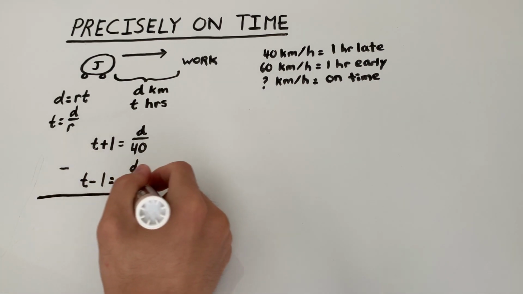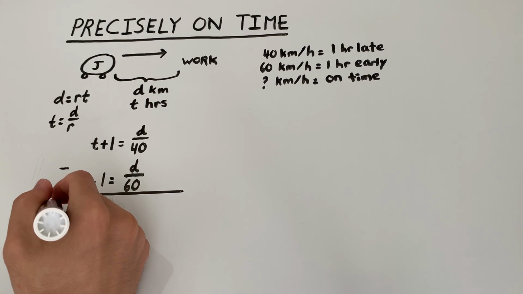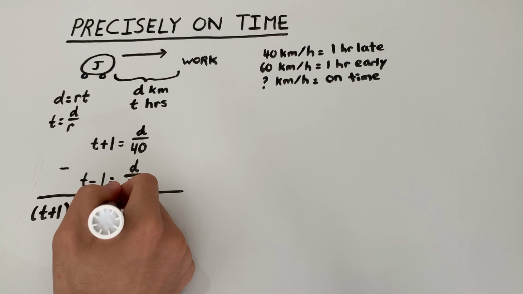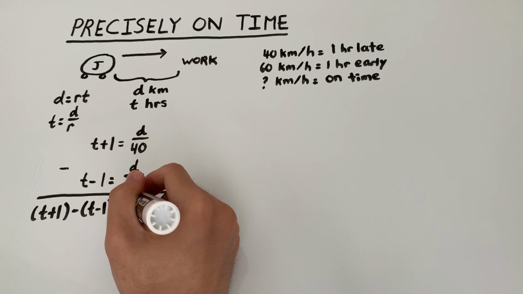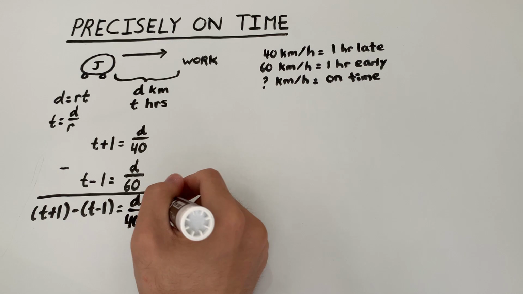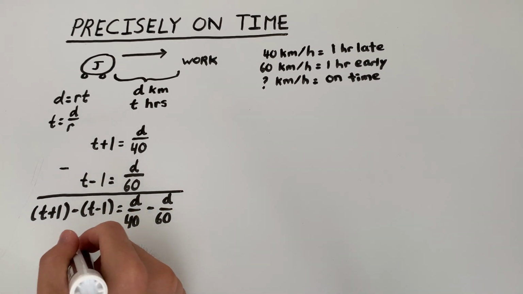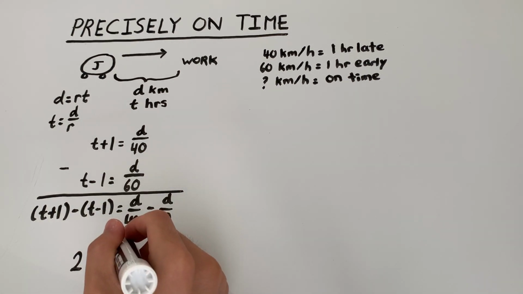Because when we do that, we'll get t plus 1 minus t minus 1 equals d over 40 minus d over 60. And when we simplify this, the t's will cancel out, and we're just left with 2 equals d over 40 minus d over 60.